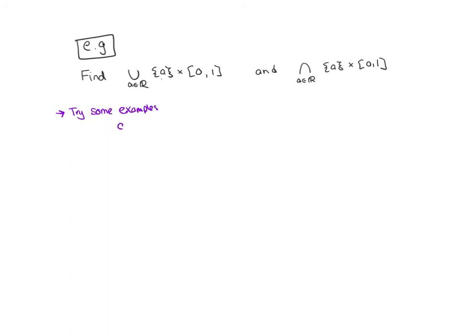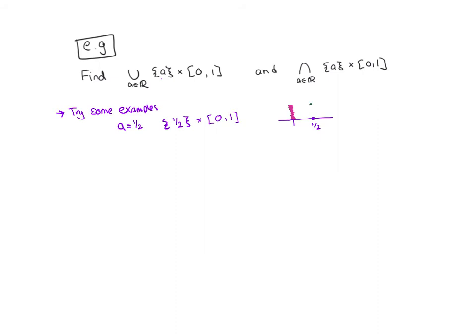I'm allowed to pick any real number I want, and so I can think about what this is. When A equals 1/2, I get {1/2} cross [0, 1]. Geometrically, if I want to picture this, I can picture the first coordinate as just that set that only has 1/2 in it. The second coordinate is going to be this whole set [0, 1].